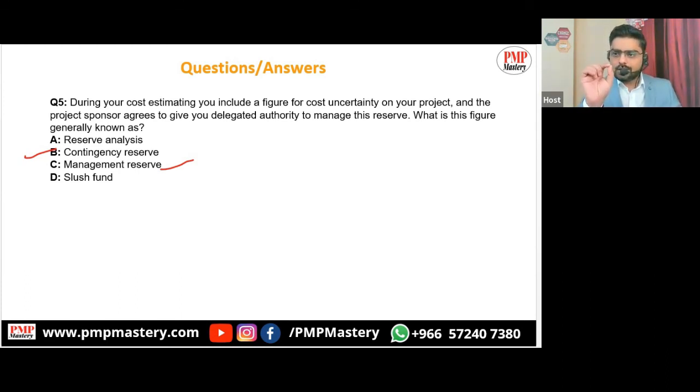If you are only thinking uncertainty, with the uncertainty you cannot end up with the contingency or management reserve, because uncertainty is for both cases. The only difference here is you have authority to control and use this reserve, and that is the reason. The correct answer of this question is contingency reserve.